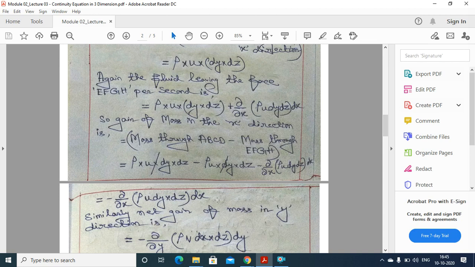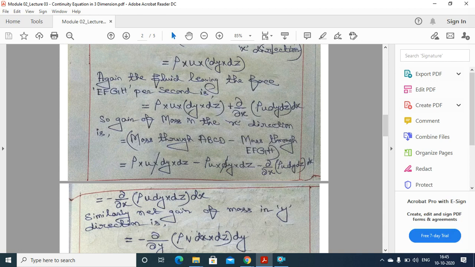Actually, if you consider a river, the water entering this river will be maximum and the water leaving through the river will be minimum. So that's why some amount of mass will be gained.